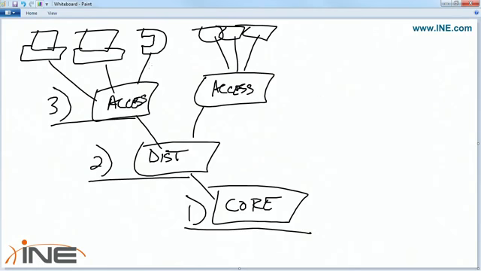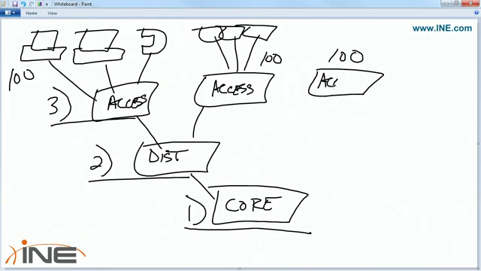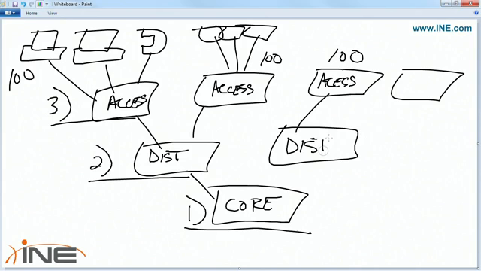So let's say I have 100 hosts connected to the network. If I now need to add 100 more or continue to scale the network, the only thing I need to do is add more access level switches, eventually connect these to new distribution switches, and then they can be serviced by the same core, because this is where the real high-speed forwarding is happening.